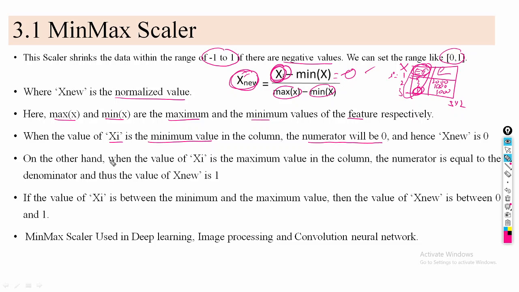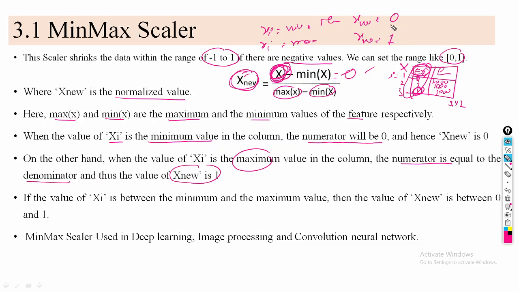When xi is the maximum value, for example 5 here, the numerator is equal to the denominator, so x new is equal to 1. So when xi is the minimum value, x new is 0, and when xi is the maximum value, x new is 1.